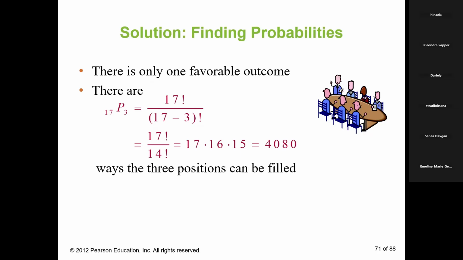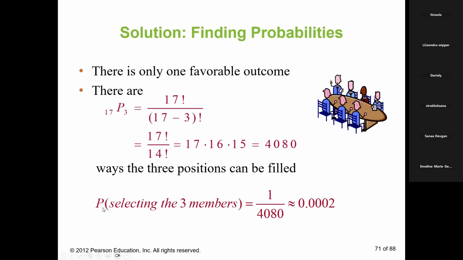You need to select the 3 members, and each can be either the webmaster, the board chair, or the secretary. That's 1 over 4,080. So that's approximately 0.0002. That's the probability here.